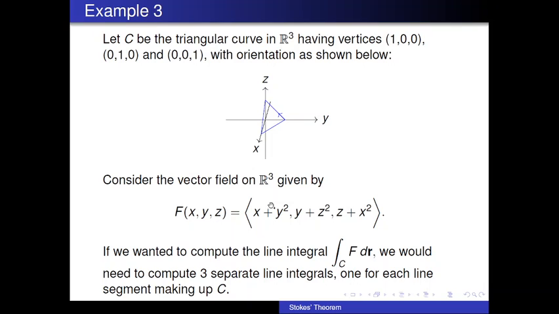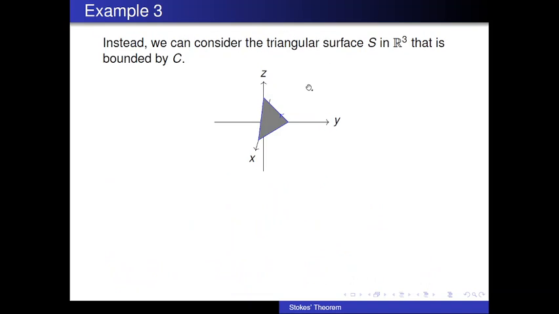Well, maybe that's a little bit much for us, and we would rather instead trade this line integral for the surface integral of the curl of F, using Stokes' theorem. So the surface that's bounded by C is this triangular shape here.